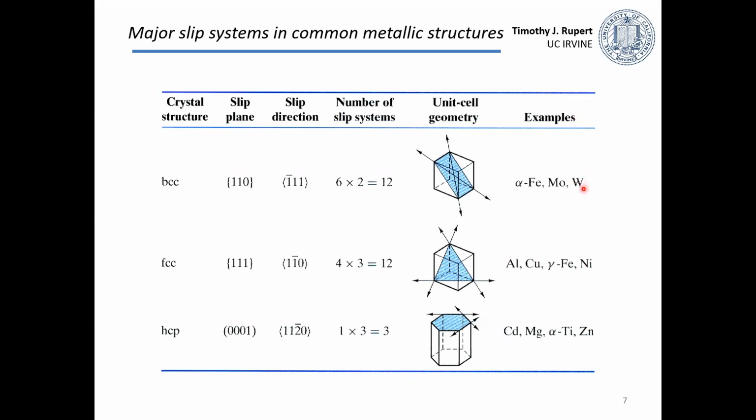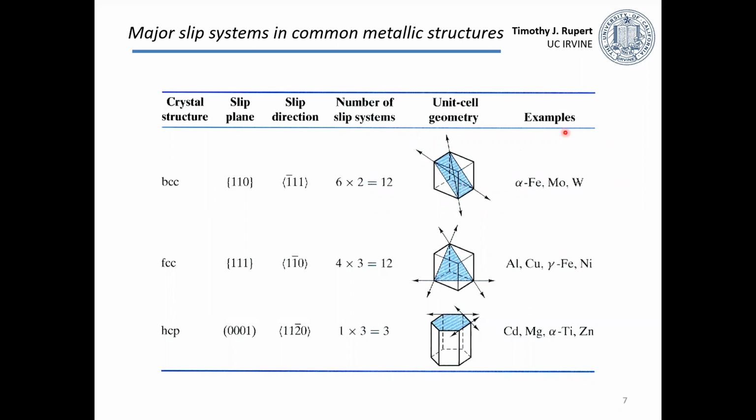Now, what you'll see here is this is just showing, again, the FCC crystal structure. Here we said there were 12, those 111 planes and those 110 type directions. You can find, again, the directions and the plane along which the atoms are touching.